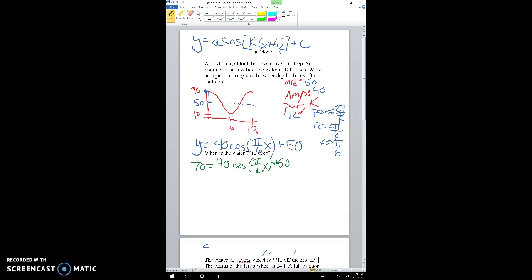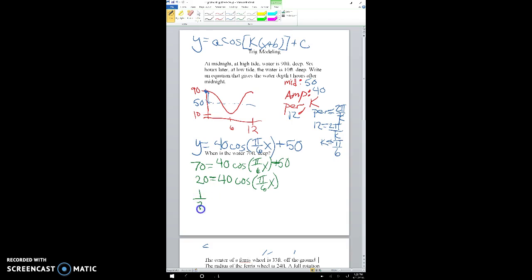So you want to get the cosine function all by itself. So the first thing we're going to do is subtract 50 from both sides. And that's going to give us 20 equals 40 cosine pi over 6x. And then we want to divide both sides by 40 to get the cosine function by itself.